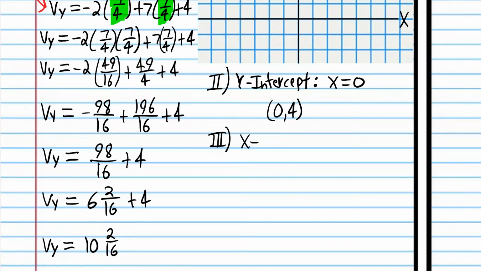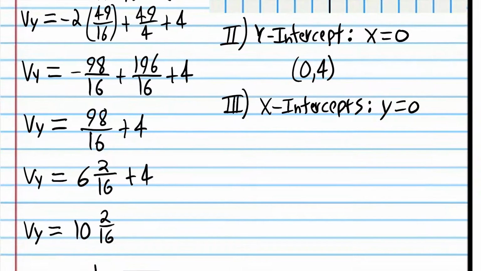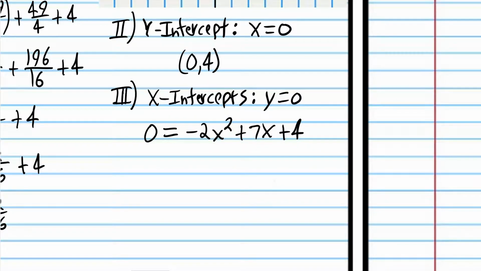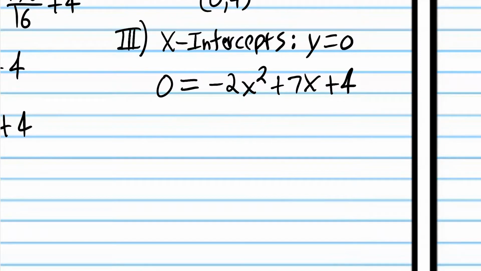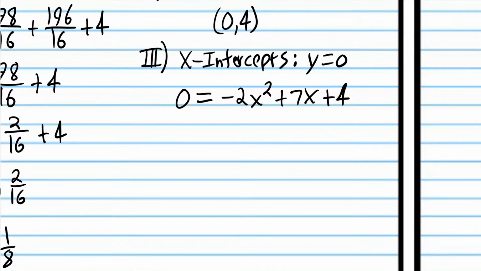Now we're going to find the x-intercepts. And to do that, you let y equal 0. And so I'm going to let y equal 0 in the original equation. And at this point, again, there's a lot of different ways you could solve this equation, but we're going to solve by factoring. And I just want to be clear, I got that 0 from there.